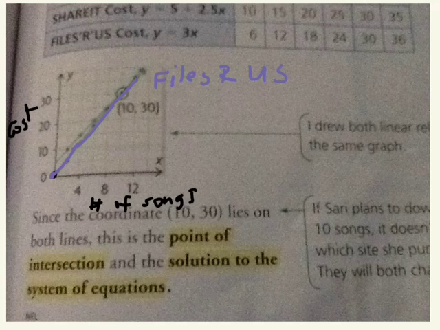Direct. And Share It. Since both of these lines hit the same point, right? They both have this point in common. After 10 songs, it's going to cost $30 for both of them. This is referred to as a point of intersection, okay?